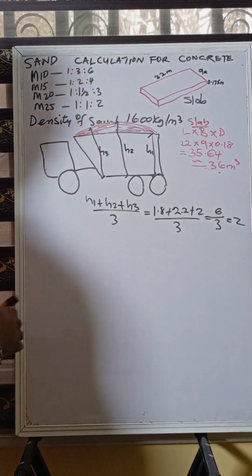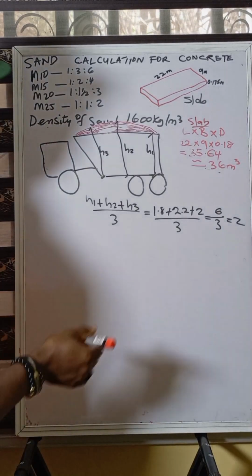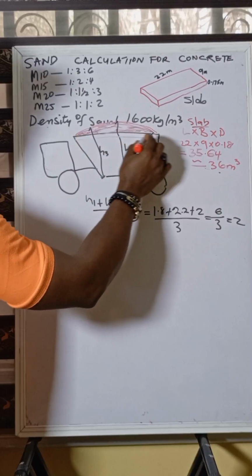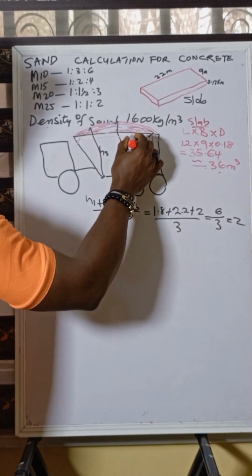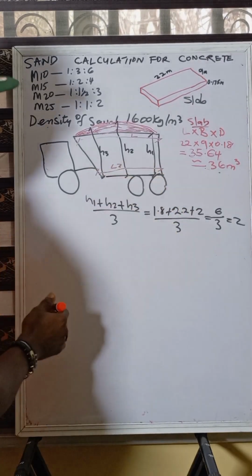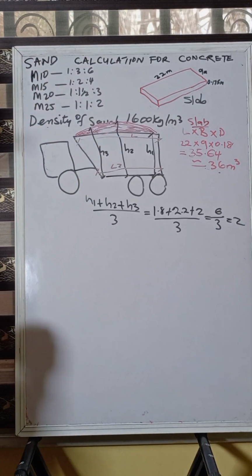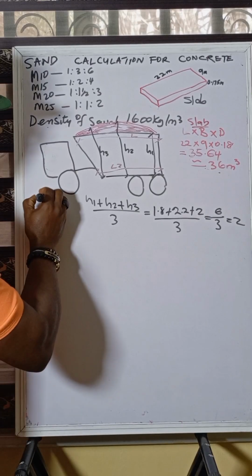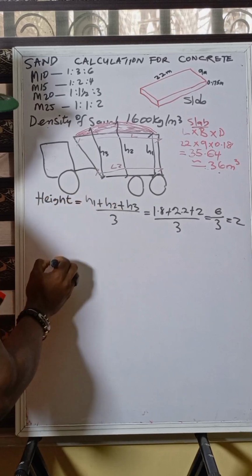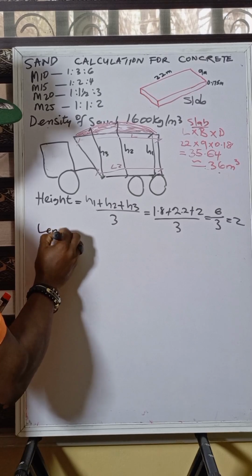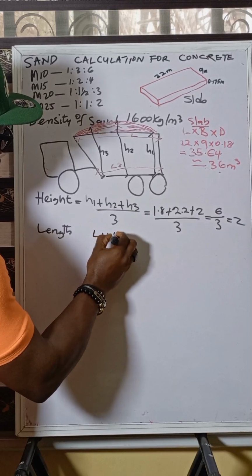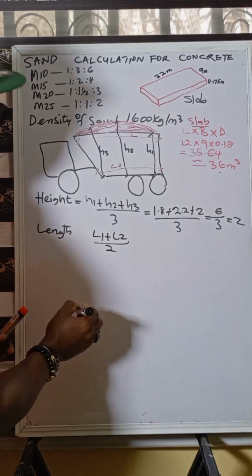The next thing we are going to do is to determine the length. We can call this L1 and this L2. For the length, L1 plus L2 over 2.